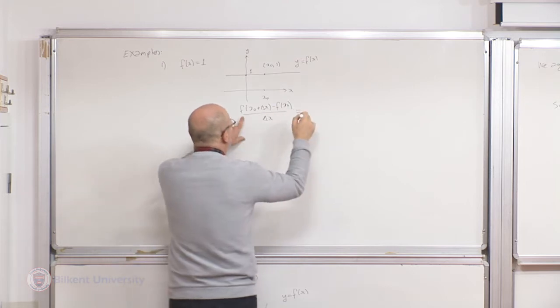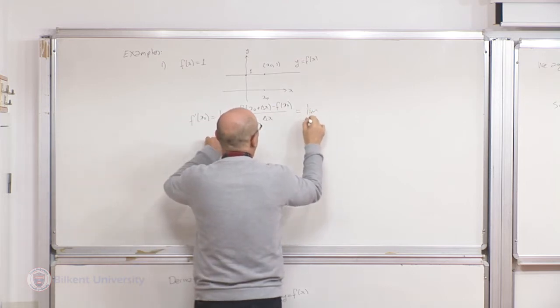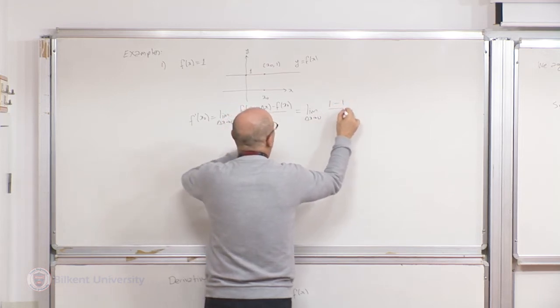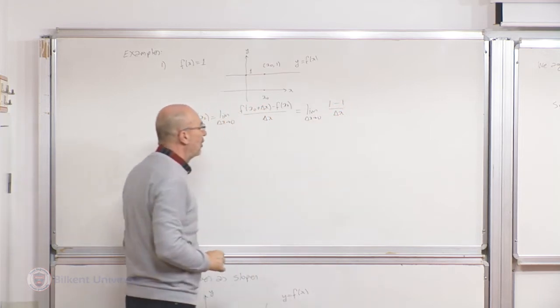Now I substitute these. This is 1, this is 1, over delta x.